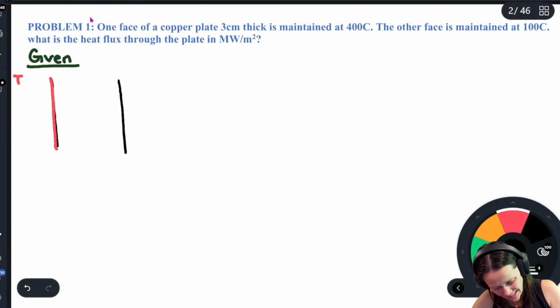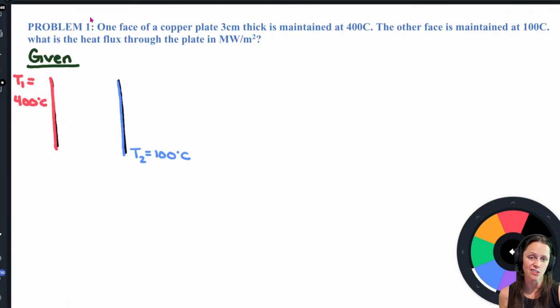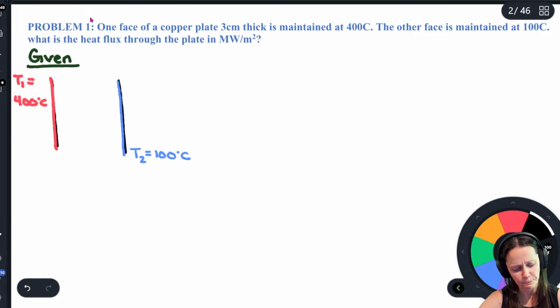I'm going to call this T1, 400 degrees Celsius. And this one is going to be T2, and he's 100 degrees Celsius. As we will see, there's not really a need to put this into Kelvin or anything like that, but we'll see why in just a second.